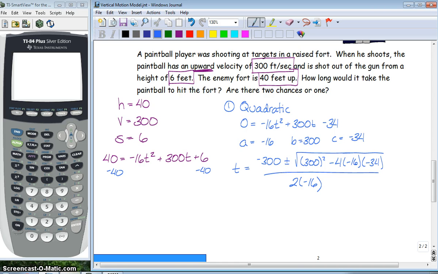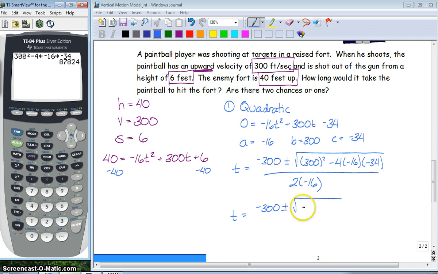From there, we're going to go through and simplify. First, I clean up what's underneath the square root. So if we start over, t equals negative 300 plus or minus the square root. In my calculator, I'm going to type 300 squared minus 4 times negative 16 times negative 34.